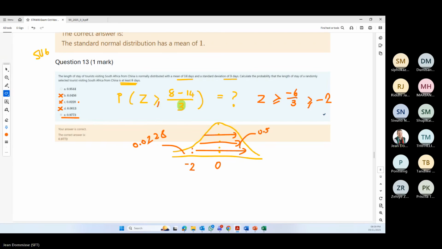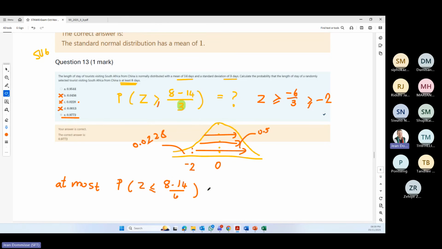Okay, so again, in the exam, it could have been that the question was phrased as the tourist visiting South Africa from China is at most 8 days. If it was at most, then the probability would have looked like this, smaller or equal to.